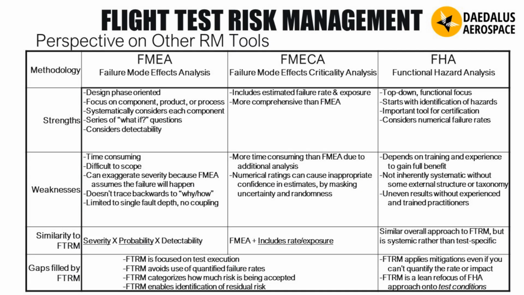Please note that flight test risk management is different from other tools in the safety practitioner's toolbox, such as failure mode effects analysis or functional hazard analysis. There's a lot more we could talk about here, but let's move on.